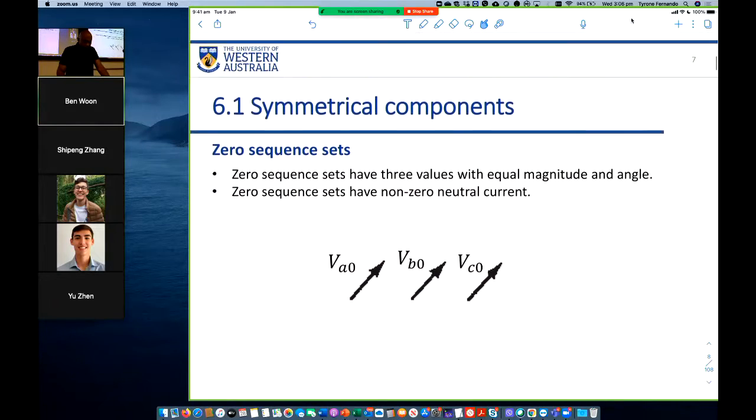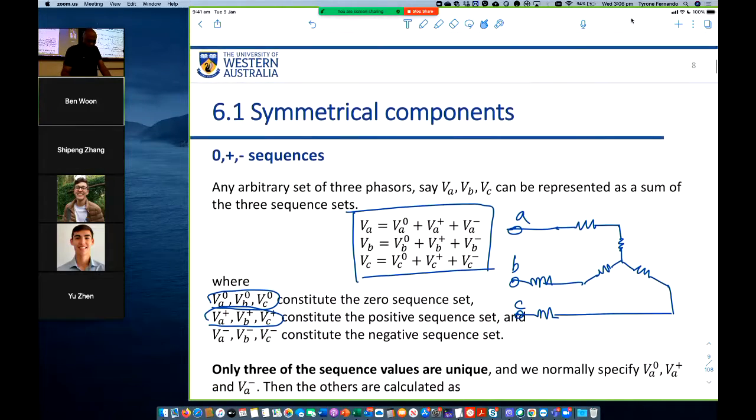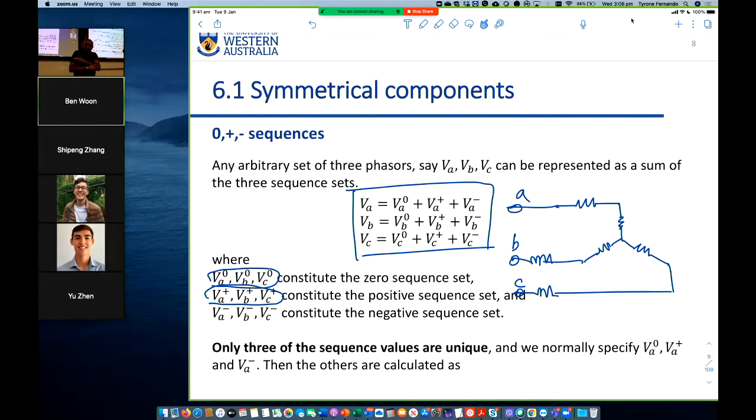Now the 0 sequence set: all the voltages are identical in magnitude, and they are parallel. So they have the same magnitude and the same direction. The idea about introducing a positive sequence set, a negative sequence set, and a 0 sequence set is that the voltage VA is defined in terms of those 3 components: the 0 sequence, the positive sequence, and the negative sequence.